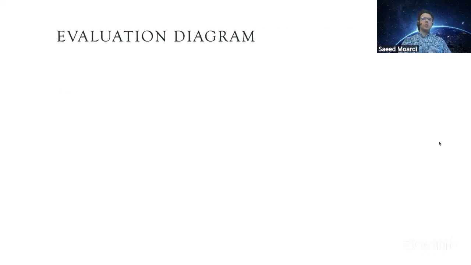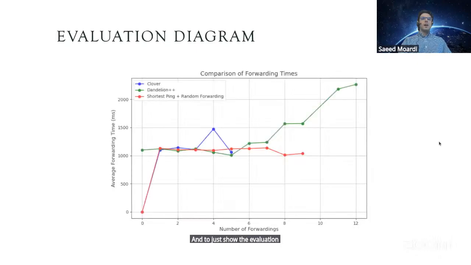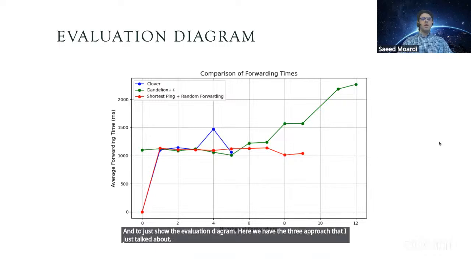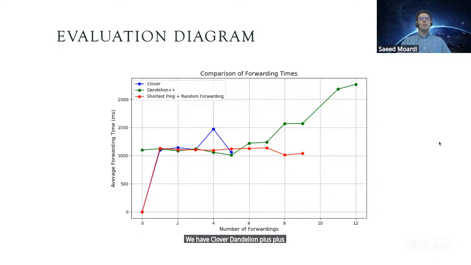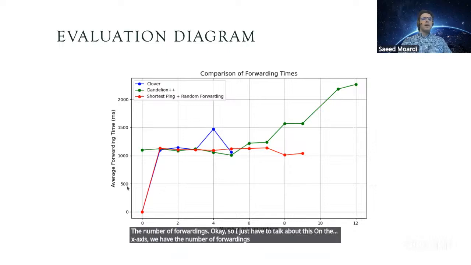And to show the evaluation diagram, here we have the three approaches that I just talked about: Clover, Dandelion++, and shortest ping plus random forwarding. On the x-axis, we have the number of forwardings, and on the y-axis, we have the average forwarding time that I talked about.